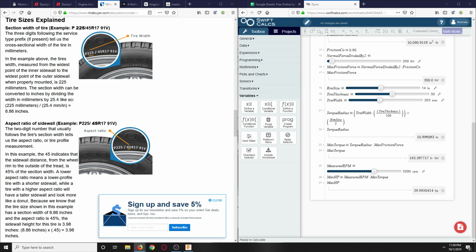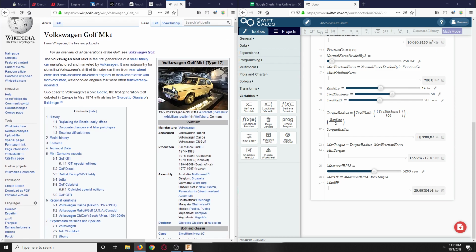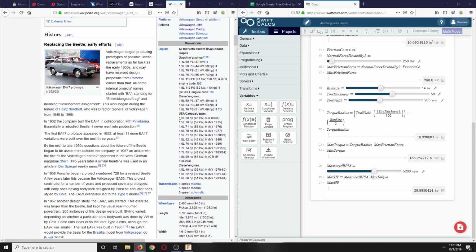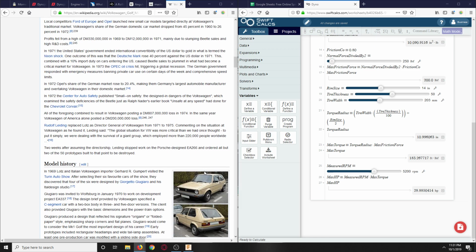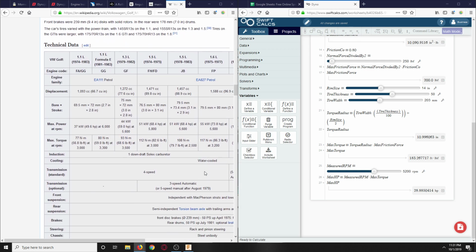Let's see, 1979 Rabbit, or 1.6, I think it's like a 1984. Mark 1 Rabbit, Wikipedia. Okay, so here we go. Let's look here. They have a big chart. There it is.